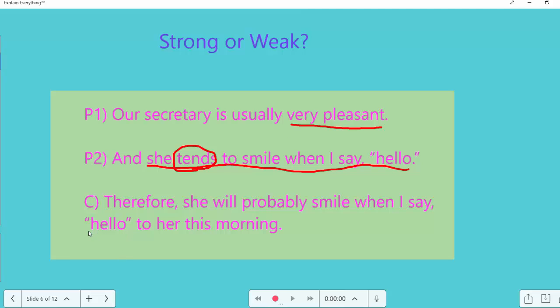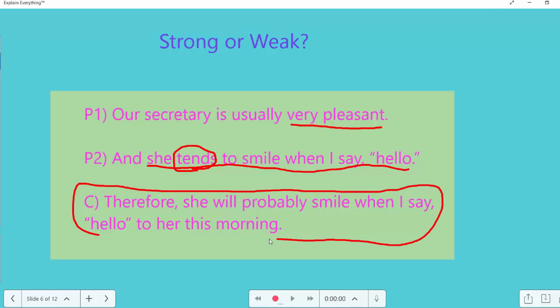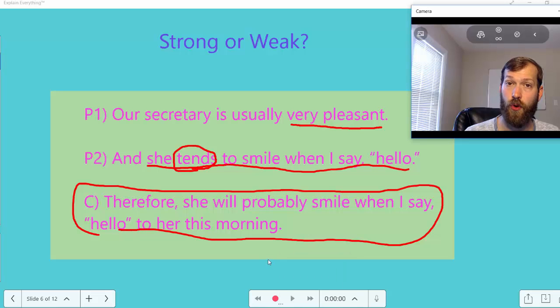So given that evidence, it tells me that it's more likely than not, that is, it's greater than a 50% chance that she'll smile when I say hello to her this morning. So this is a strong argument.